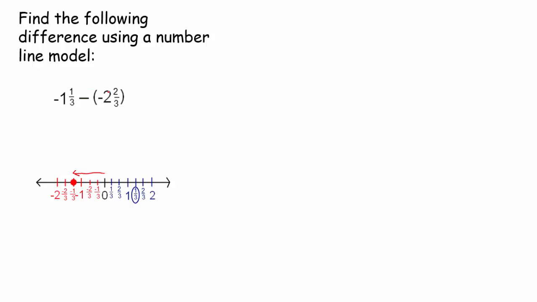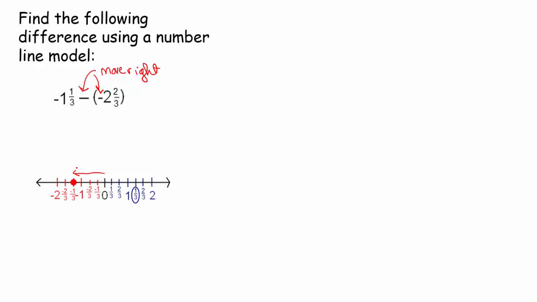And then I'm subtracting a negative. Remember, on a number line, to subtract a positive, we moved left. So to subtract a negative, we will need to move right on the number line. Again, feel free to go back and review the video on subtracting negative integers on the number line. But subtracting a negative, we'll have to move to the right.